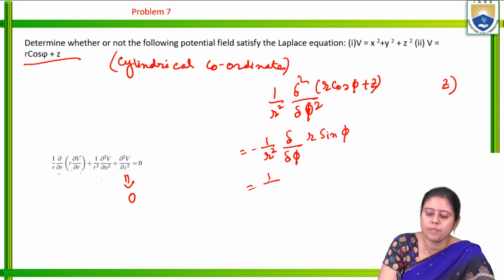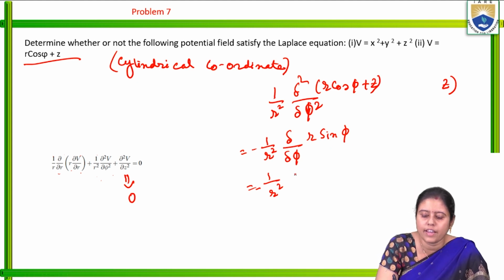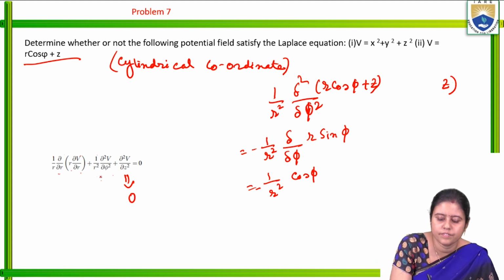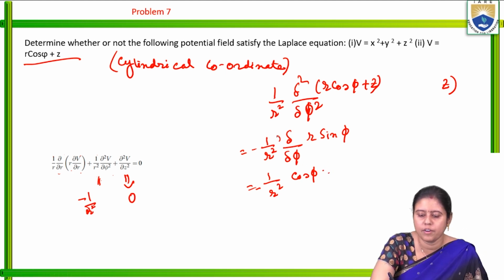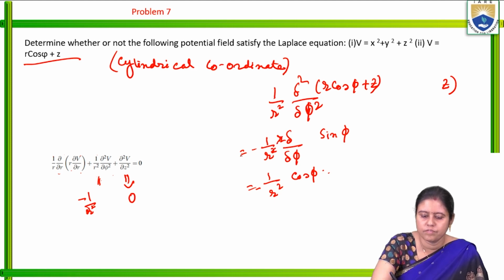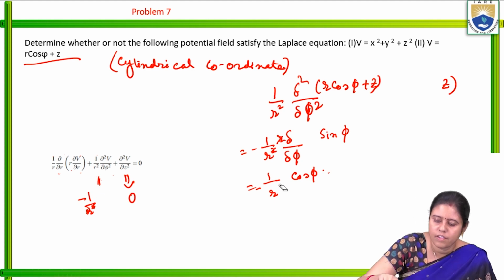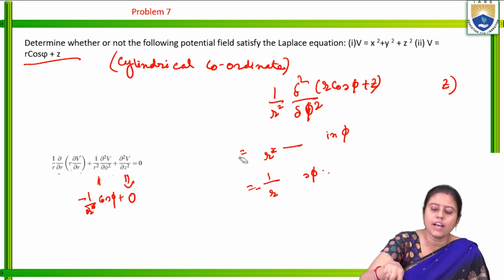Again if we differentiate, sin phi gives cos phi. So our second term came as minus 1 by r cos phi. Then we will do the third one.